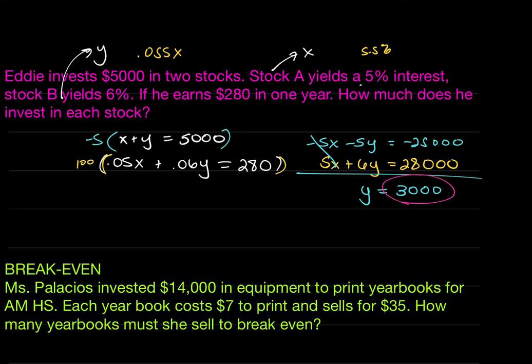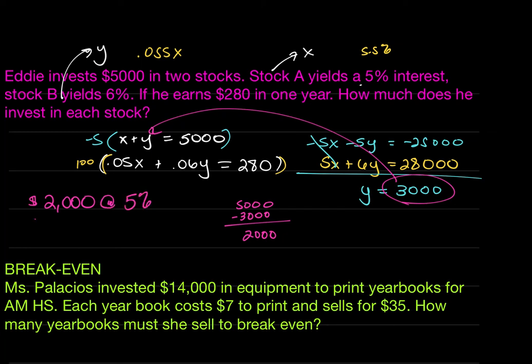Take this and plug it back in anywhere. It could go up here. It's 5,000 minus that, and I'd get 2,000. And then you have to be specific. It would be $2,000 at 5% and $3,000 at 6%.